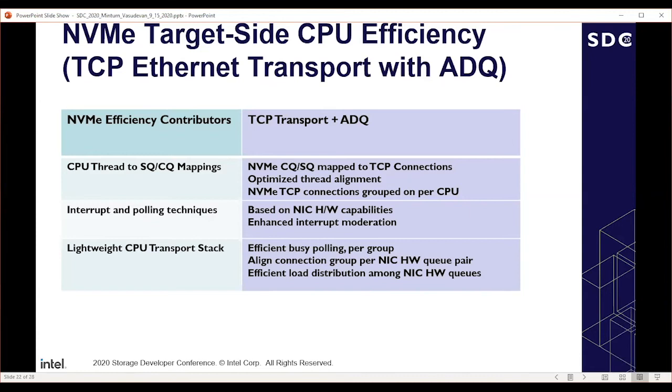The basic idea here is that when you have this alignment in place, you are more efficiently processing connections that are coming in to the target from multiple initiators on a given core. In order to facilitate that, we also have some efficient load distribution schemes for distributing the load amongst the queues in the particular queue set.